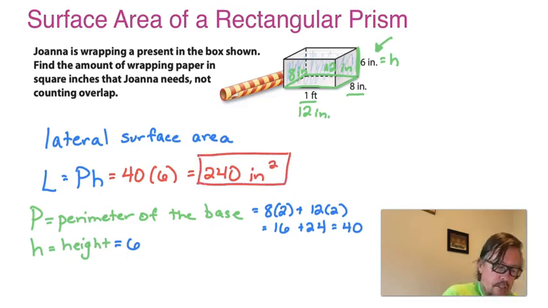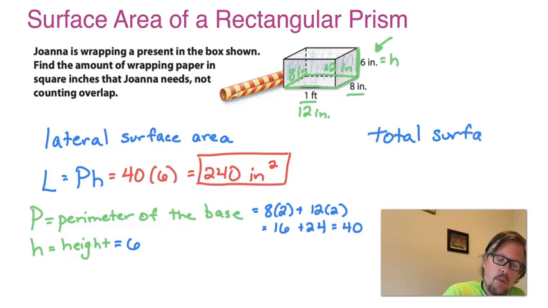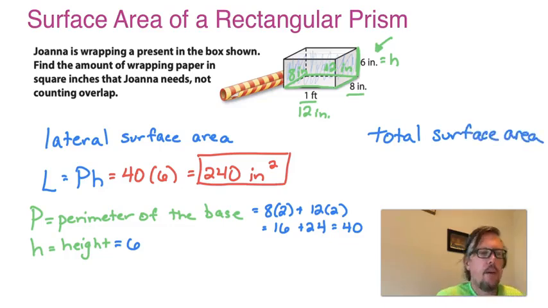Now, this is not my answer because this is just the lateral surface area. It's just the area around the sides. I want to find what is called the total surface area. What is the total amount of paper that I need to wrap this whole shape? I've got the 4 sides that go around the outside, the lateral area.